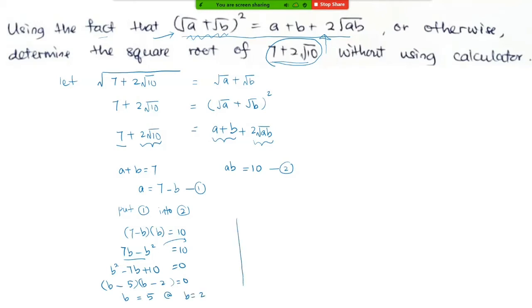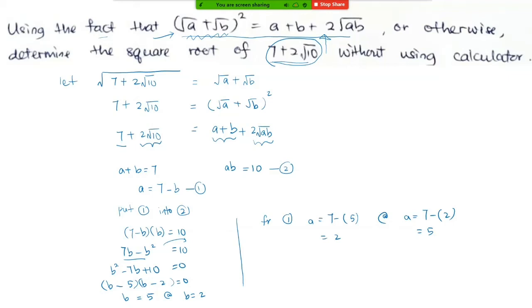Now, from equation 1, a will be equivalent to 7 minus b. B can be 5 or 2, so 7 minus 5 gives 2, or 5. Therefore, one of them is 2 and the other is 5. So we have found the answer.